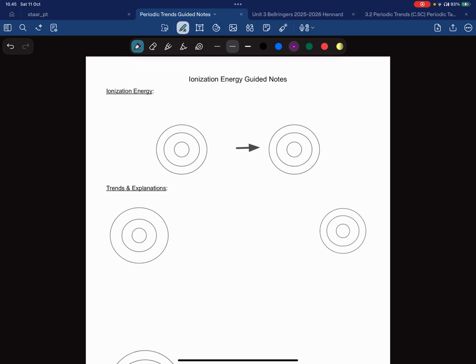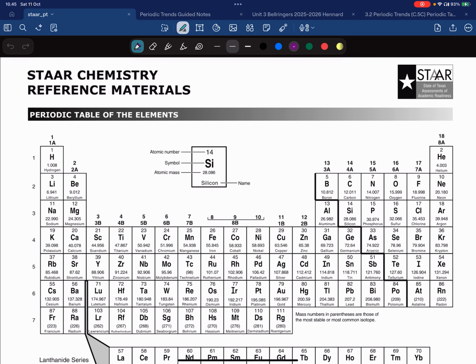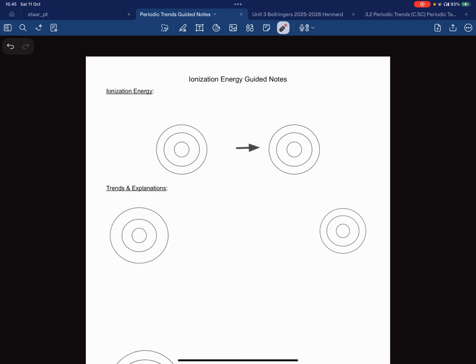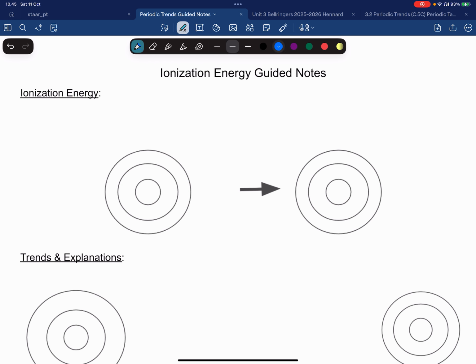All right, ladies and gentlemen, we're going to be looking at ionization energy down a group. So, as before, remember this is a group going down, this is a period going across. So the first thing to do, of course, is to define ionization energy.